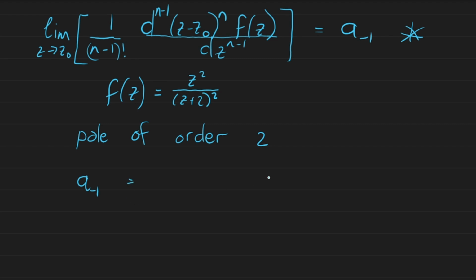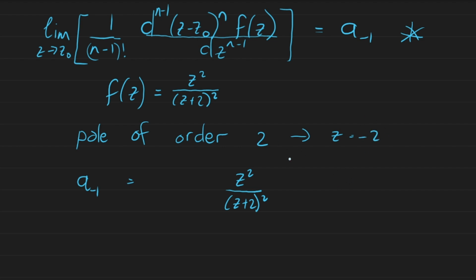So a minus 1, the residue, is firstly equal to, we take our function f(z), so that's z squared over (z plus 2) squared. Also, this pole is the singular value where z is equal to minus 2.